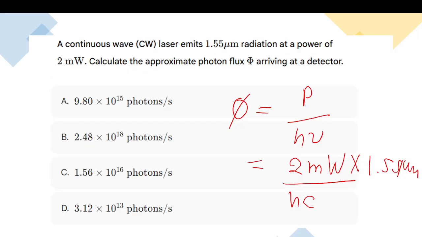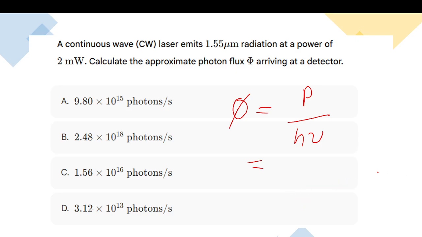So if we can keep it in this way, the energy can be calculated using the equation E is equal to 1.24 divided by lambda, and based on that we'll get the energy value of 0.8 electron volt.